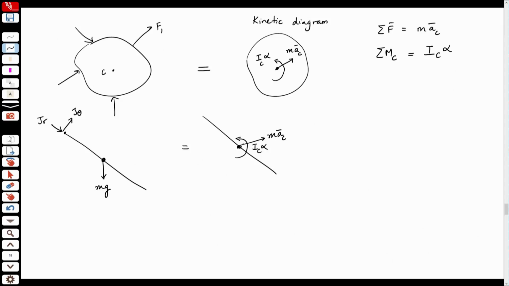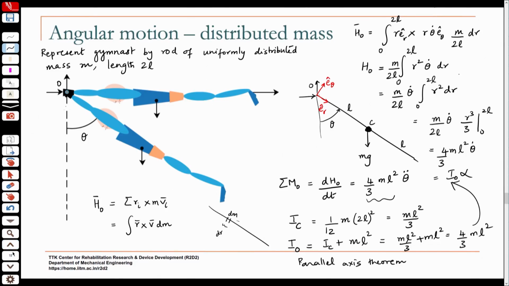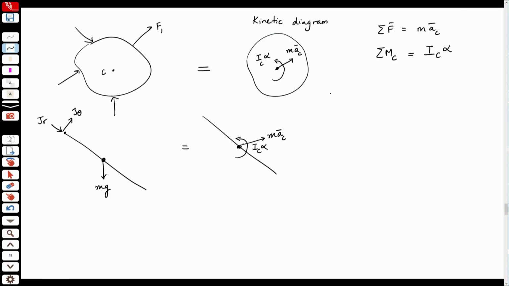M a center of mass equals both the radial and the tangential components. So, if you look at the previous slide, this is c, right. We found the acceleration. Can you tell me what we found the acceleration to be? We found acceleration of c as L theta double dot along E theta minus L theta dot square along E r, that is A c.